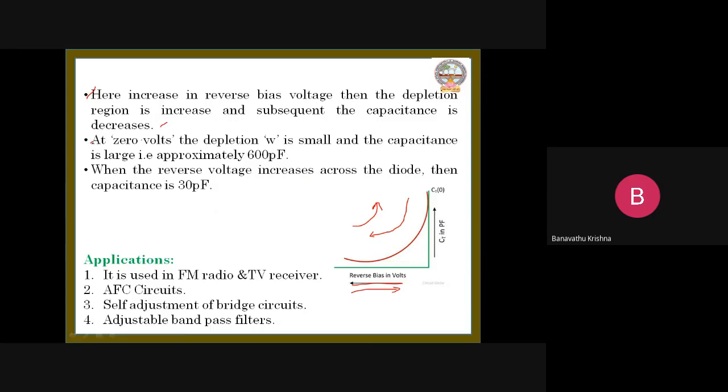At 0 volts applied in reverse bias condition, the depletion width is very small and the capacitance is very large, approximately 600 picofarads.